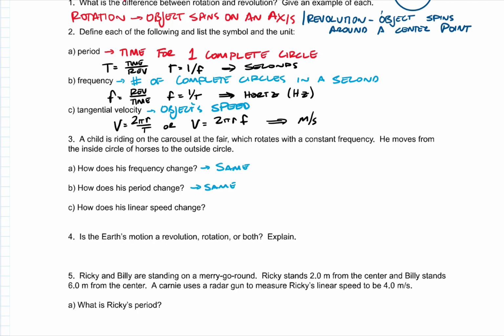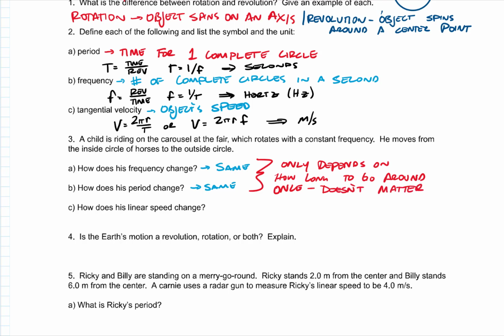Does his linear speed change? Absolutely. Okay, sorry. So for these, the frequency and the period only depend on how long it takes the whole thing to go around one time. It does not depend on the radius. It doesn't matter where you stand.